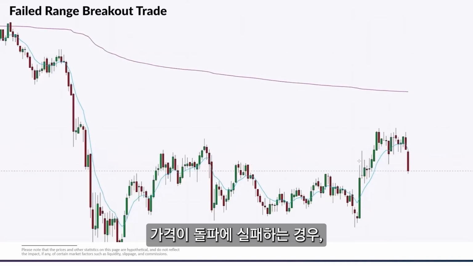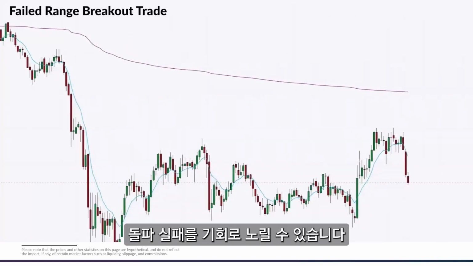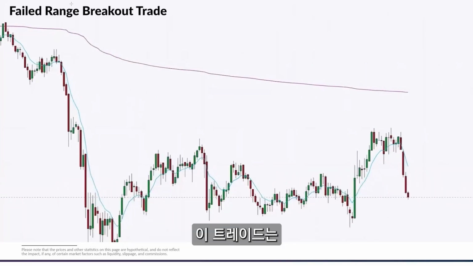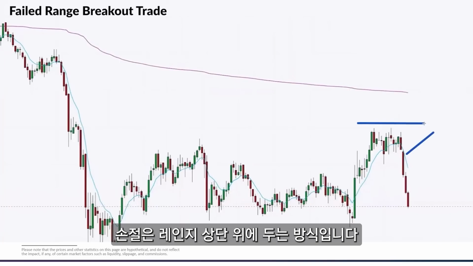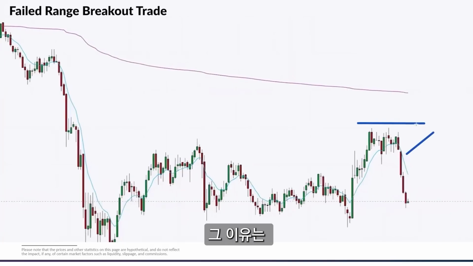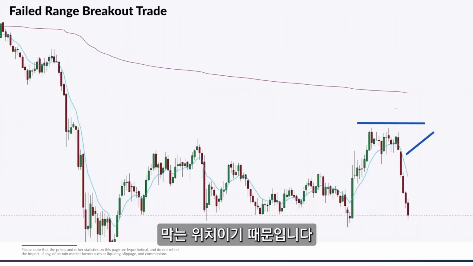As the price action fails, you could actually take a failed breakout trade here. The failed breakout trade would be once you get a close below that range, you would be stop above the high of that range. Why? Because the stop would tell us it is placed based on where the sellers wouldn't let it get higher.